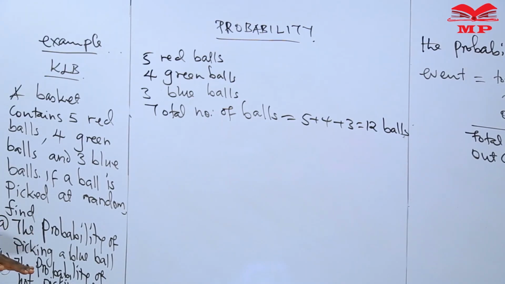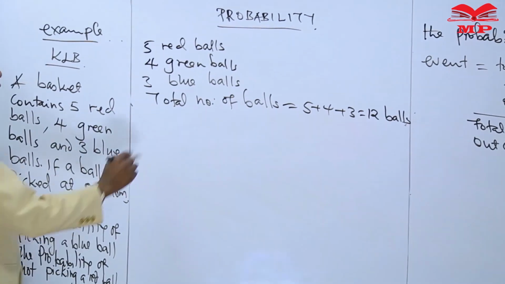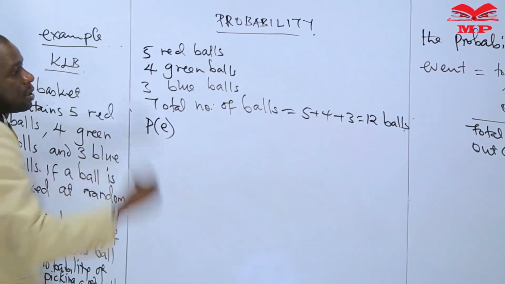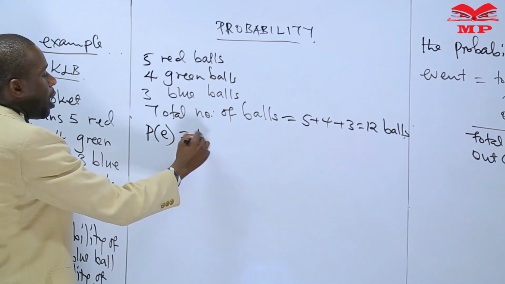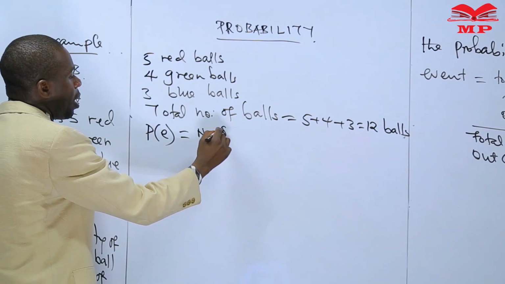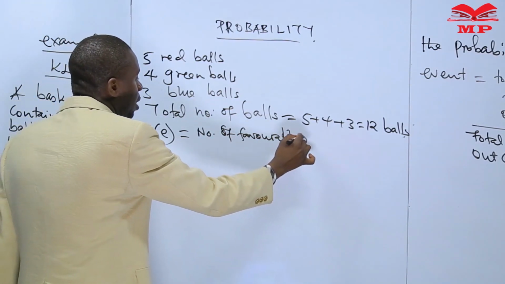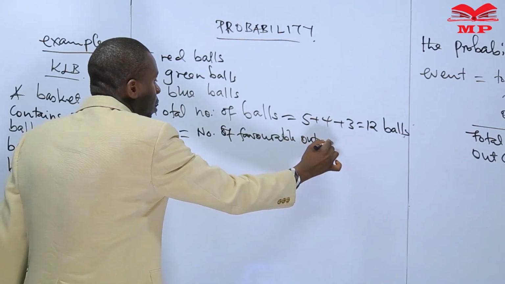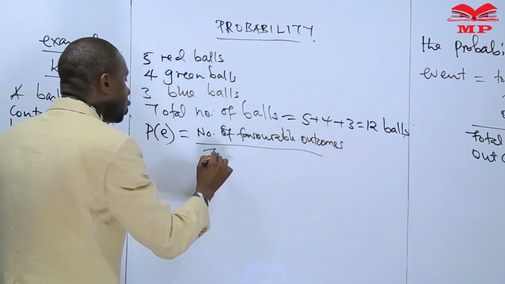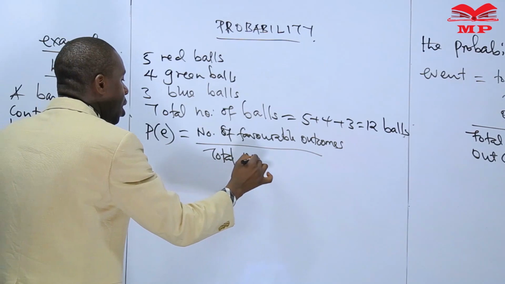So find the probability of picking a blue ball. We have said that the probability of any event is given by the number of favorable outcomes over the total number of outcomes.